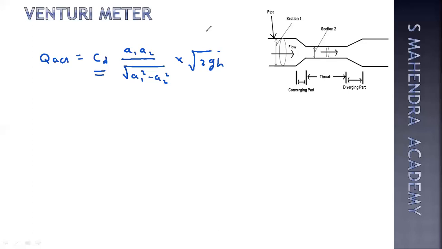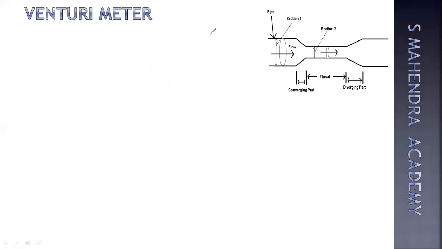So in this way, we can determine the flow rate through the venturimeter by getting the readings of pressure difference in terms of height of manometric fluid, and we can calculate the flow rate by multiplying it with the area of the throat.